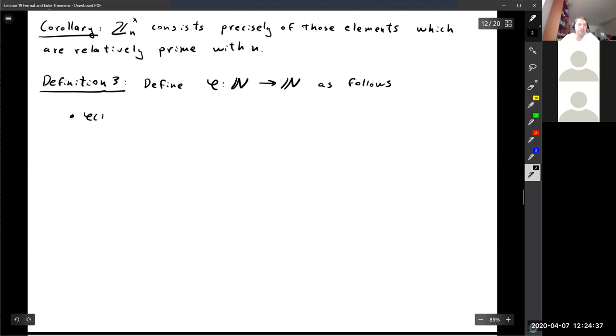So phi of n would be the order of the group Zn cross when n is greater than 1, and just by hand we will say that phi of 1 equals 1.